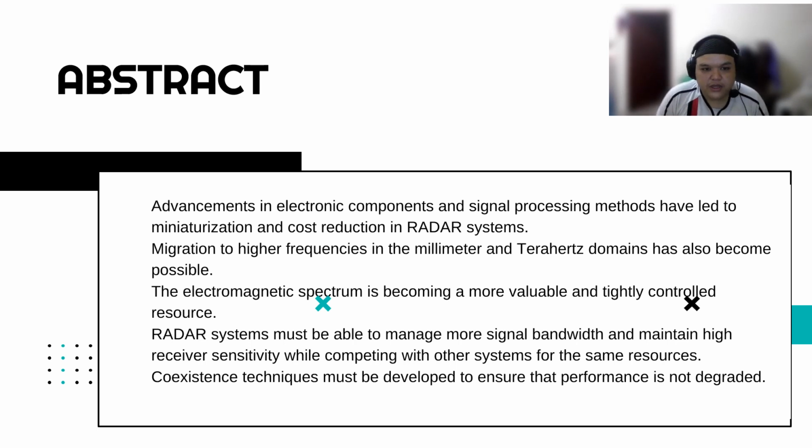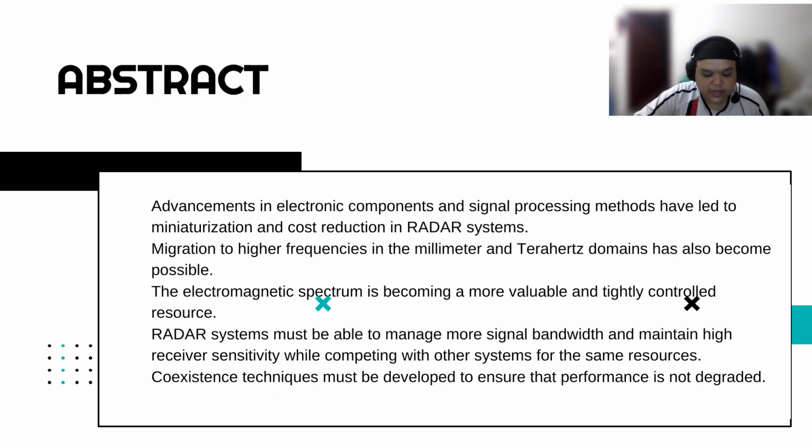Okay, for the abstract, advancement in electronic components and signal processing methods have led to miniaturization and cost reduction in radar systems. Migration to higher frequencies in the millimeter and terahertz domains has also become possible. The electromagnetic spectrum is becoming a more valuable and tightly controlled resource.